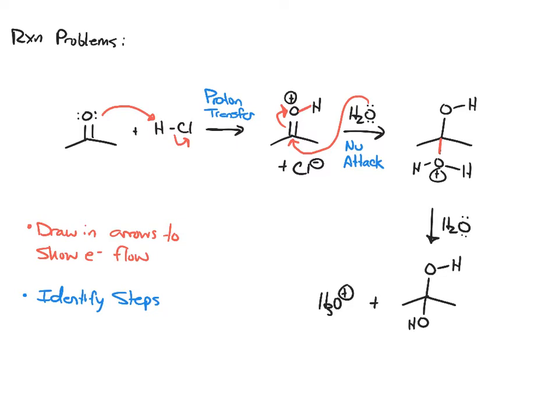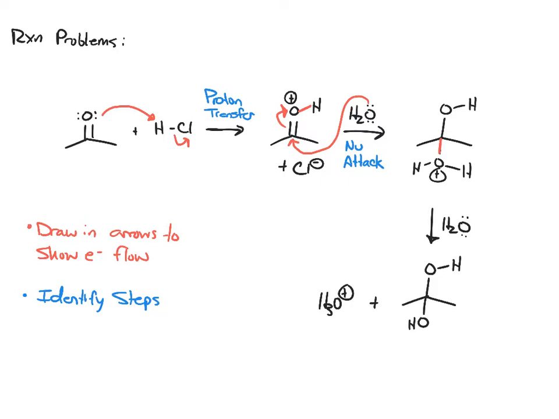All right, then the final step of the reaction, we have this species here with the OH2+. We're reacting that with more water, and all that's happening is you're taking a proton off of that oxygen. So to do that, we're going to use water and the lone pair on water.